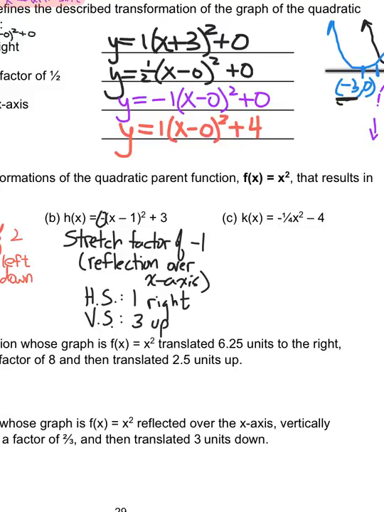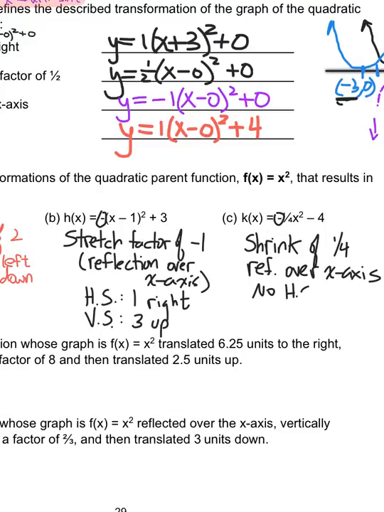But in the case of C, we have a stretch that's actually a shrink, because it's a fractional value, shrink of 1/4, but it's a reflection over the x-axis, and that's because of the negative sign. There's no H value, so no horizontal shift, and we have a negative vertical shift, so the vertical shift is 4 units down.